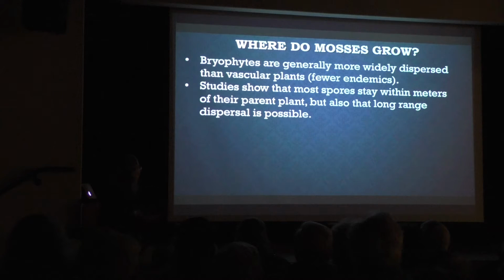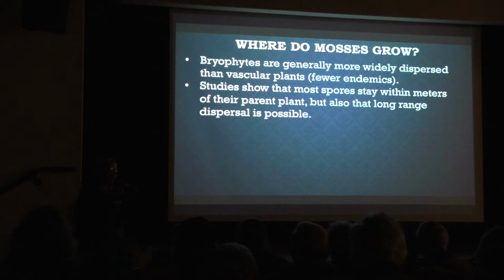So bryophytes are generally more widely dispersed than vascular plants. There are few cases of endemics. Like in a vascular plant, we have species in Washington that only occur on like 5 peaks in the Olympic Mountains. That's the only place it's found. Global warming, it doesn't look good for that thing.